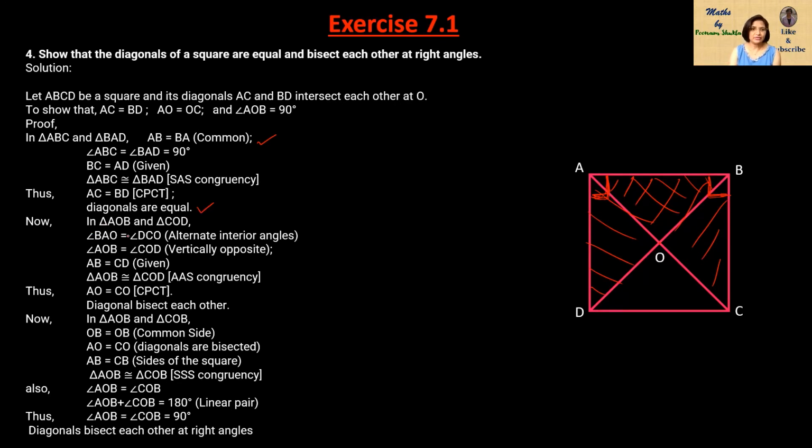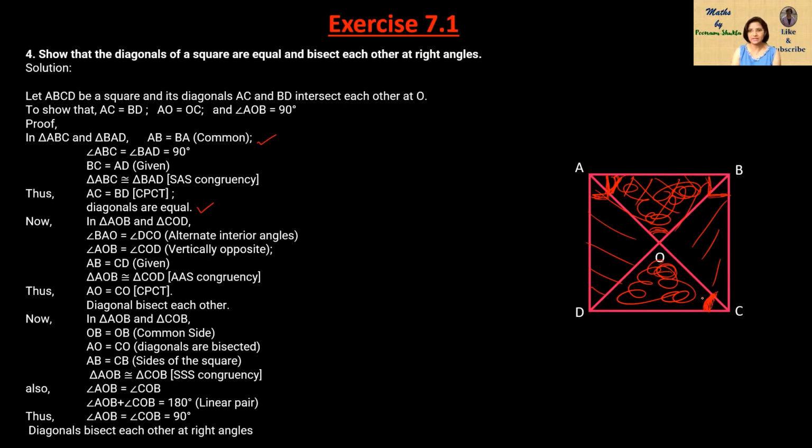Now in triangle AOB and COD, in these two triangles, what we can say, angle BAO equals angle OCD or DCO.